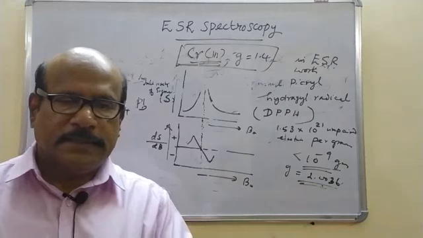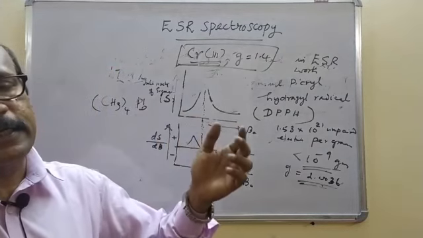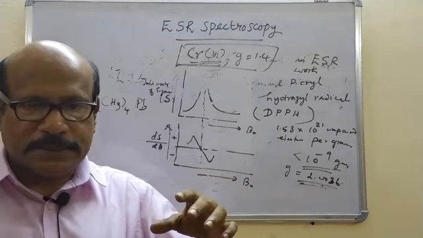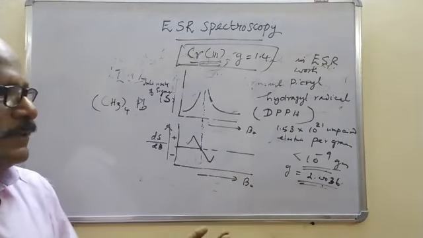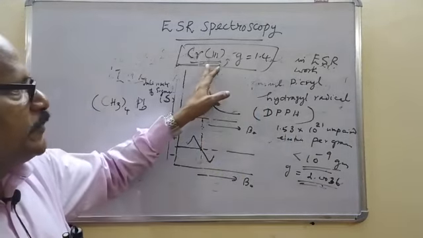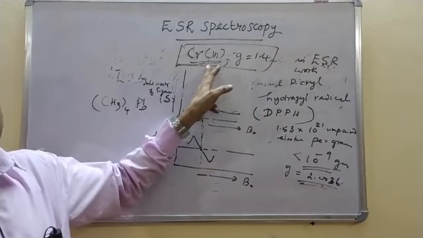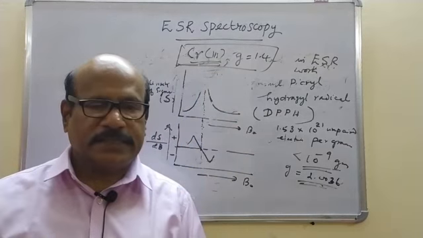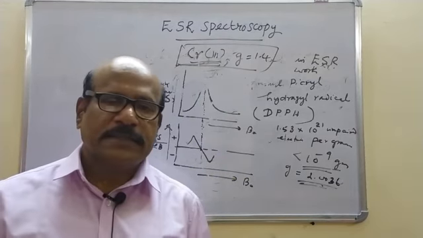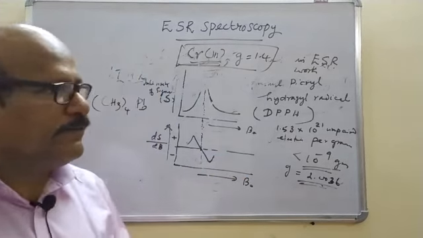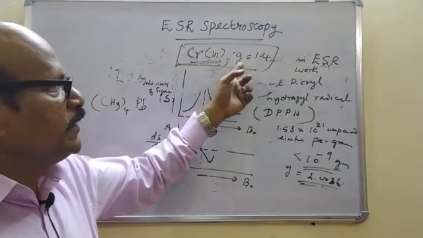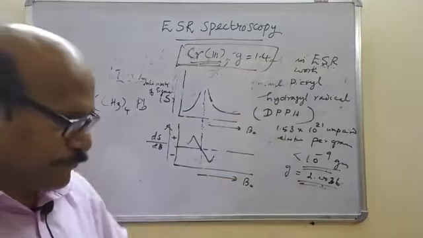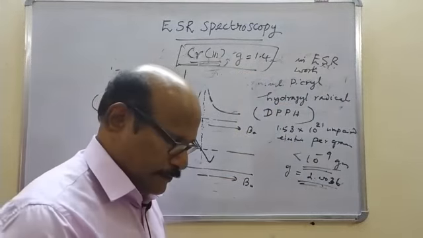The sample and the DPPH are recorded in the ESR instrument in separate scans and then compared. Otherwise, we have to take another standard, chromium-3 trapped in a chip of ruby crystal and placed permanently in the sample holder. That has a very well distinguishable G value, different from any other radical, that is 1.4. So, that is the thing.